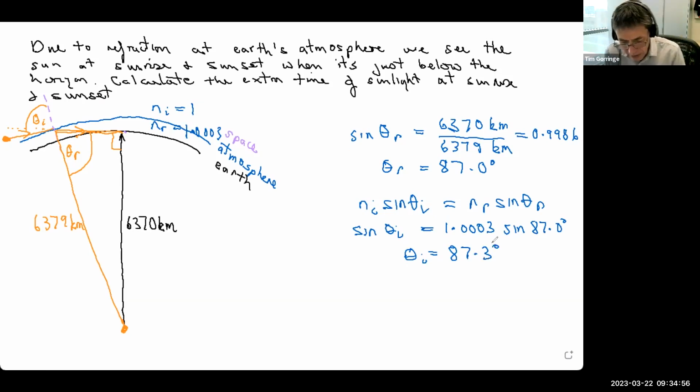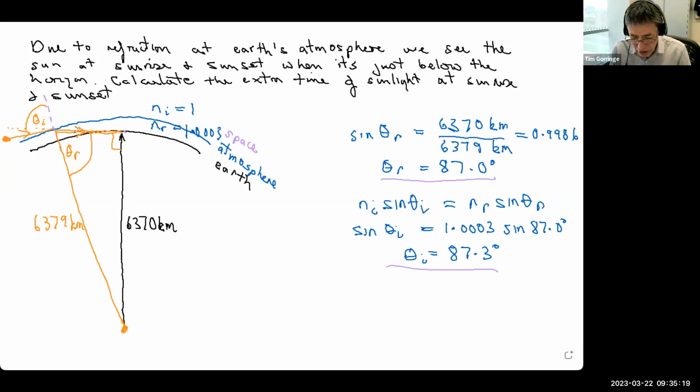And so at this point, we step back from the problem and think about where we are. We've calculated the refracted angle, 87.0 degrees. We've calculated the incident angle, 87.3 degrees. There's a small deflection of the light ray. We can see it in the sketch as it traverses the space-atmosphere boundary.